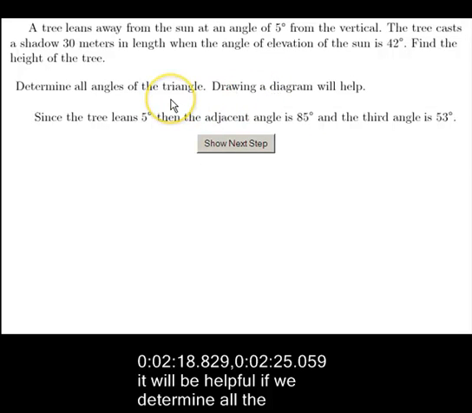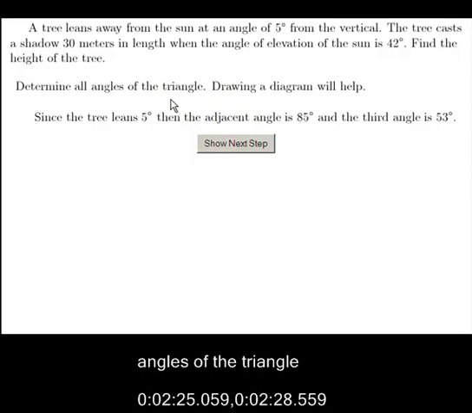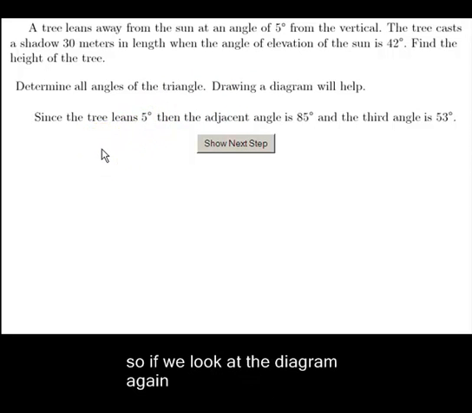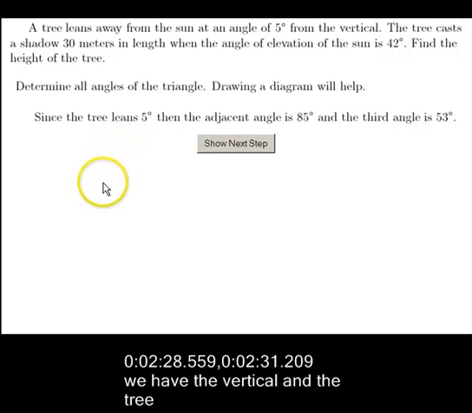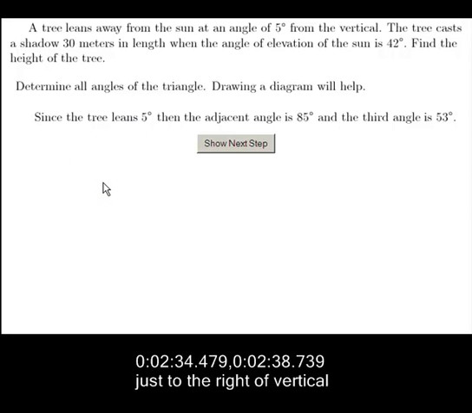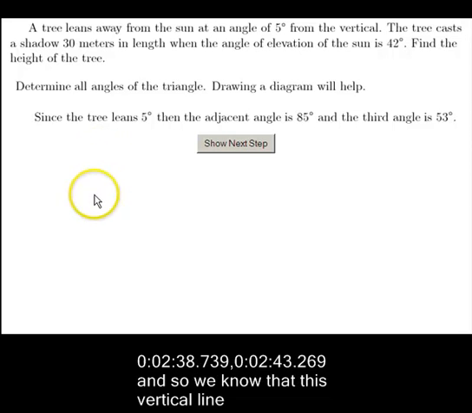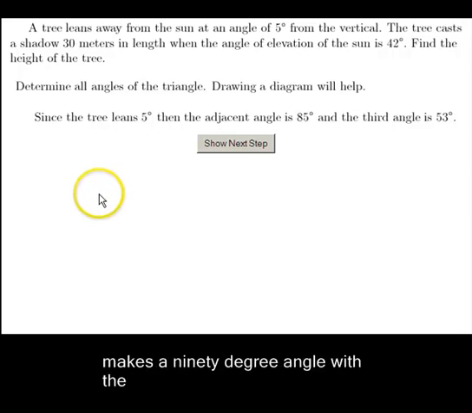It will be helpful if we determine all the angles of the triangle. So if you look at your diagram again, we have the vertical and the tree leaning 5 degrees just to the right of vertical. And so we know that this vertical line makes a 90-degree angle with the horizontal line.